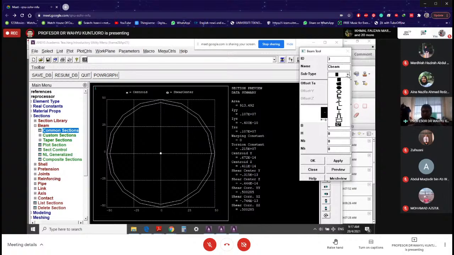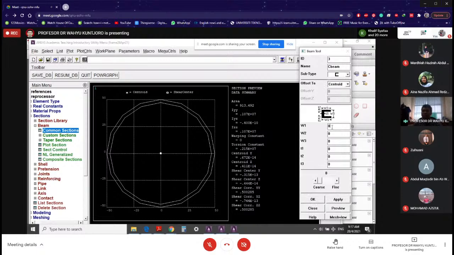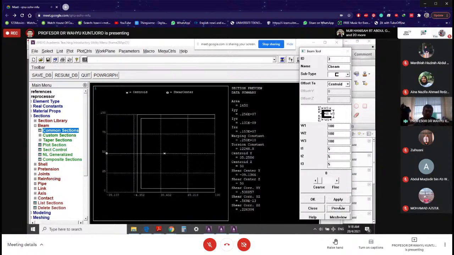And it is going to be channel C. So we know all the dimensions. 100 for all flanges. And thickness as 5. I click apply. You can go to preview, and that's what we have.